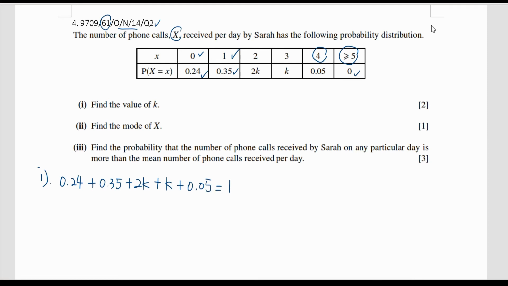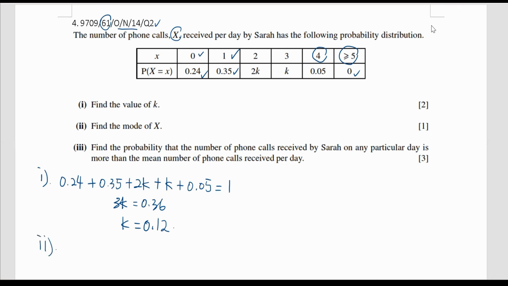So what do we get? 2k plus k, 3k, equals 0.24 plus 0.35 plus 0.05, and 1 minus 0.36. And hence k is equal to, divided by 3, 0.12. All right, so the value of k is found.